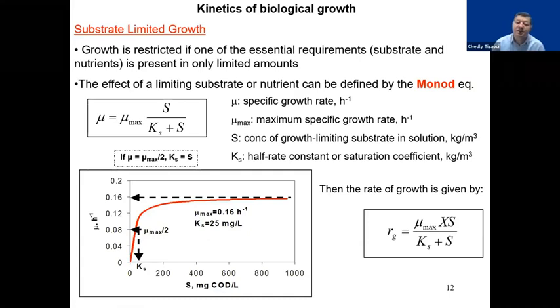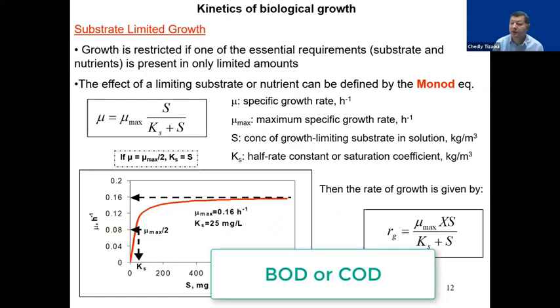S represents the substrate, the food, if you want, that the microorganisms need to eat, which are the organic molecules in water. How do we measure them? Very good, excellent. So S represents the concentration of the substrates that are in the wastewater, which we measure through the BOD or COD.